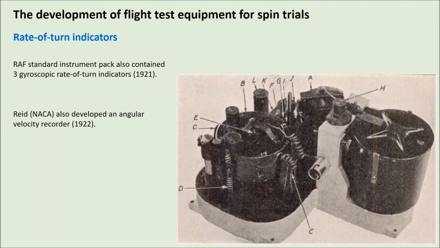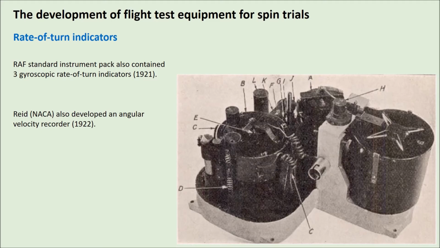Basically, the three gyroscopes were driven electrically at 18,000 RPM, and they were fitted to a base plate at right angles, suspended in free air with springs. As the orientation of the axis of rotation of the aircraft changed, the corresponding springs would deflect. This deflection was transferred via an arm to a stylus, which reflected a beam of light through a lens and then onto a film. So again, another optical solution, this time for a rate of turn indicator.